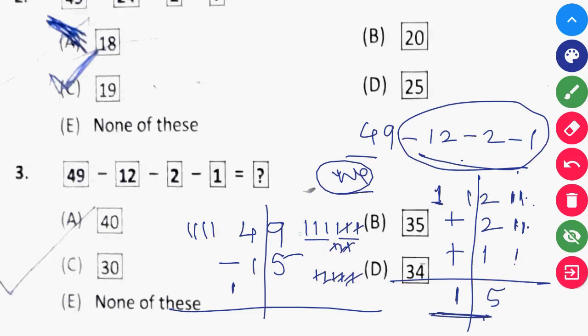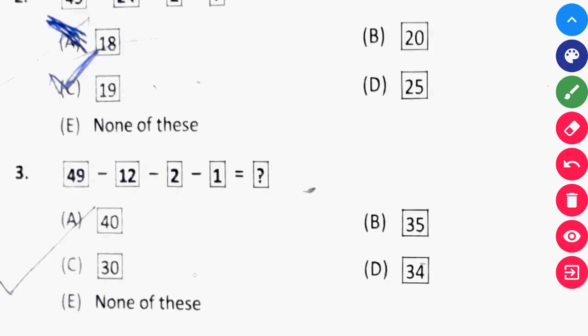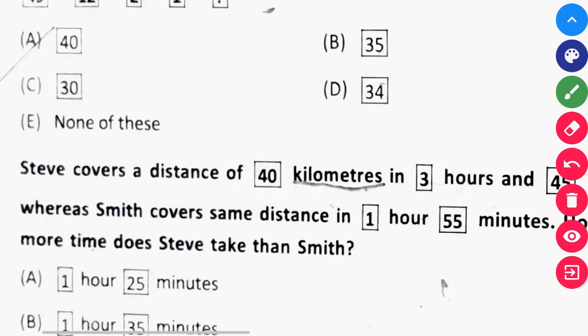So how many remain? 1, 2, 3, 4 bar lines remain. And here cut 1, so 3 remains. So your answer is 34. Okay, so like this you have to solve for subtraction of 4 numbers.